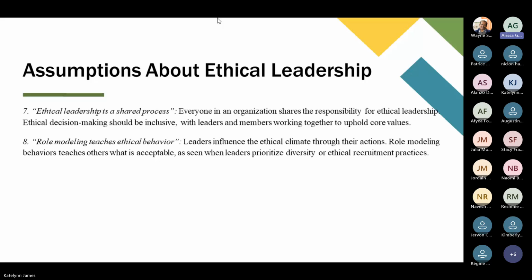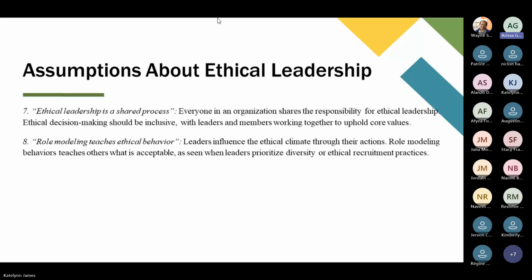Ethical leadership is a shared process. Everyone in an organization shares the responsibility for ethical leadership. Ethical decision making should be inclusive, with leaders and members working together to uphold core values.